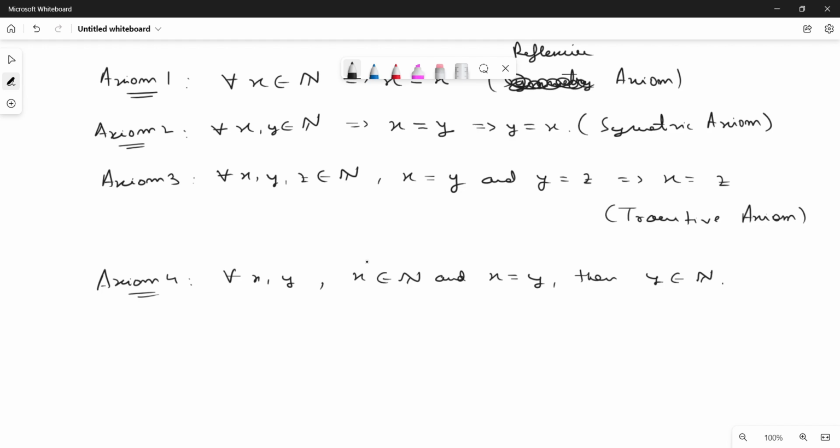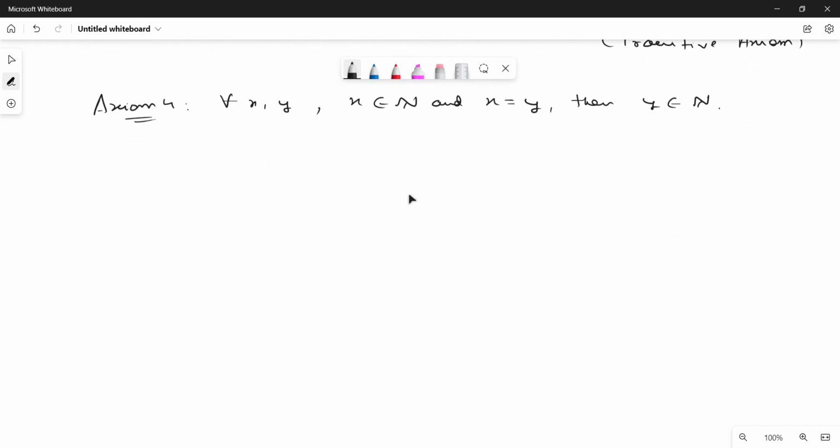That is, if some number is equal to a natural number, then that number is also a natural number. Is it clear? So now we have our most basic 4 axioms, and now we will build the actual construction of natural numbers, which we call the Peano axioms.